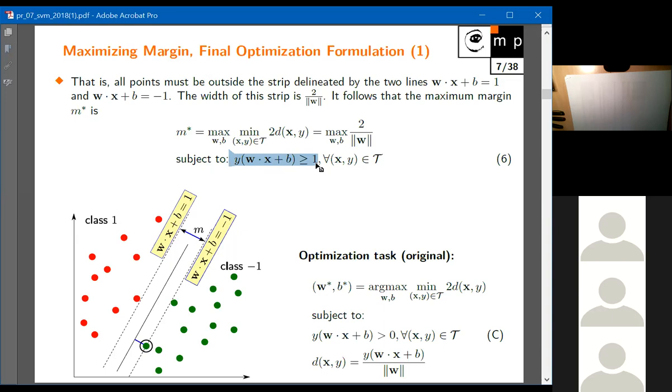We want to achieve this with as large 2 over w, so with very small w as possible. We can satisfy this by making w and b big, but the classifier is good if the w is actually small and still the inequality holds.